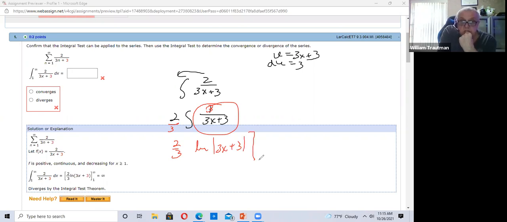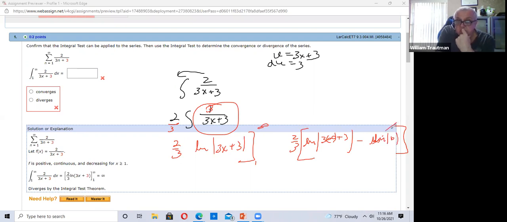And we're going to integrate this between 1 and infinity. And once again, you get 2/3 natural log of 3 times infinity plus 3, minus natural log. And put a 1 in there, natural log of 6.